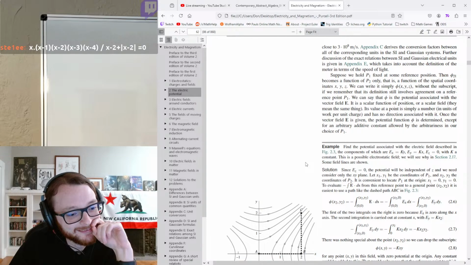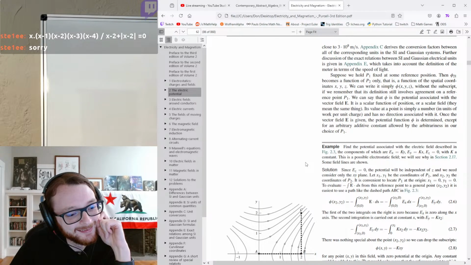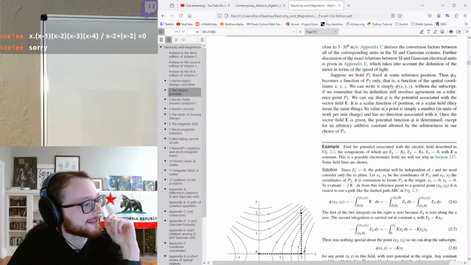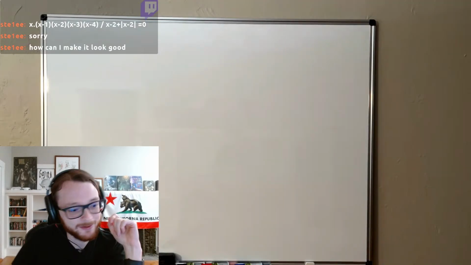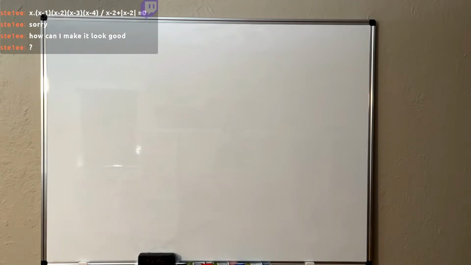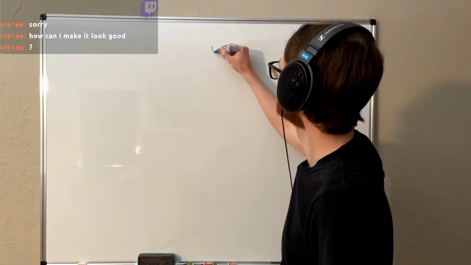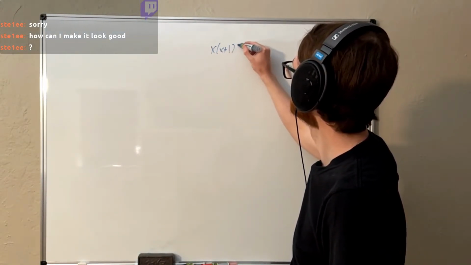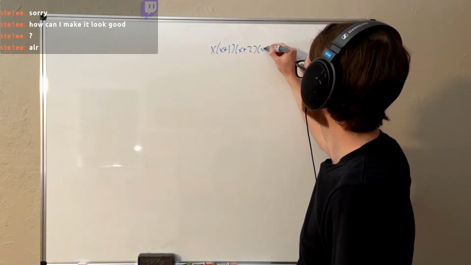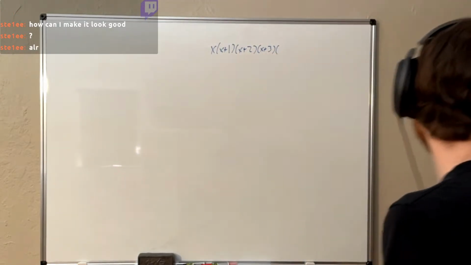X? So this is solving it for X? It's okay, Stelly, I'll write down what I think you're saying on the board here, and you tell me if I'm formatting it right. How far did those X's go?